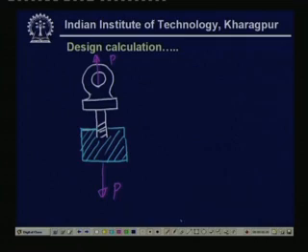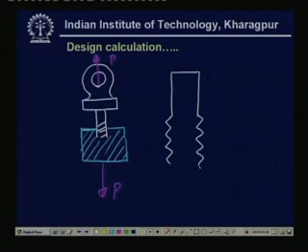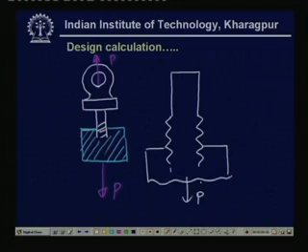Now let us consider this screw. What happens to this screw or this bolt is that it is subjected to tensile force. Let me draw the screw. Ultimately this is the part connected to the nut, and there is a force here.